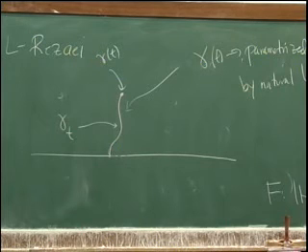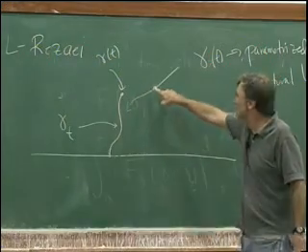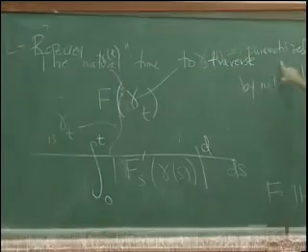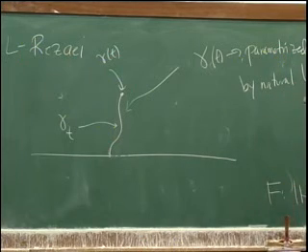So it's important that gamma is parameterized by natural length. And this gives me the formula for how you do this.